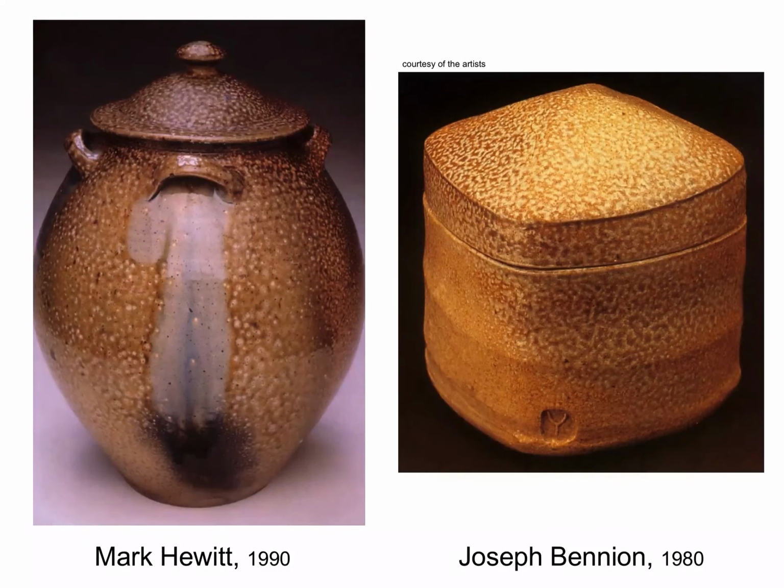Salt glazed wares are also very much part of the classical aesthetic quite often, because salt glaze works best, in my opinion, on rather simple forms that are unadorned and that have a very striking shape.